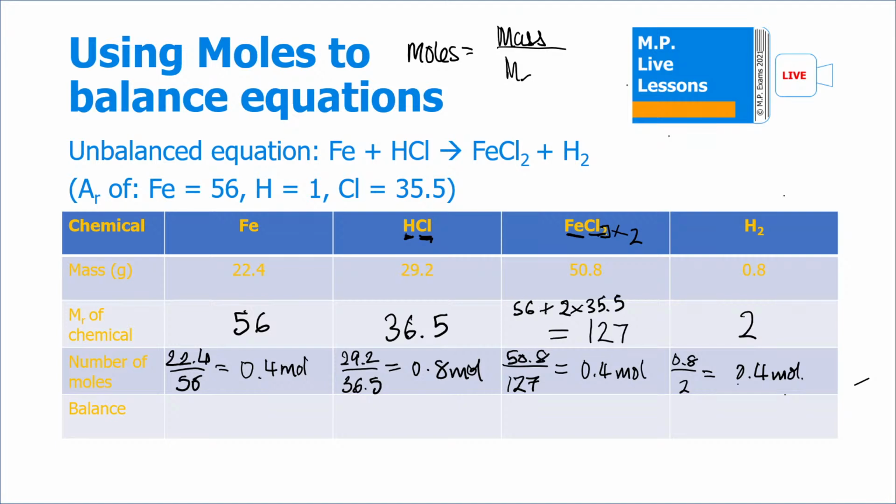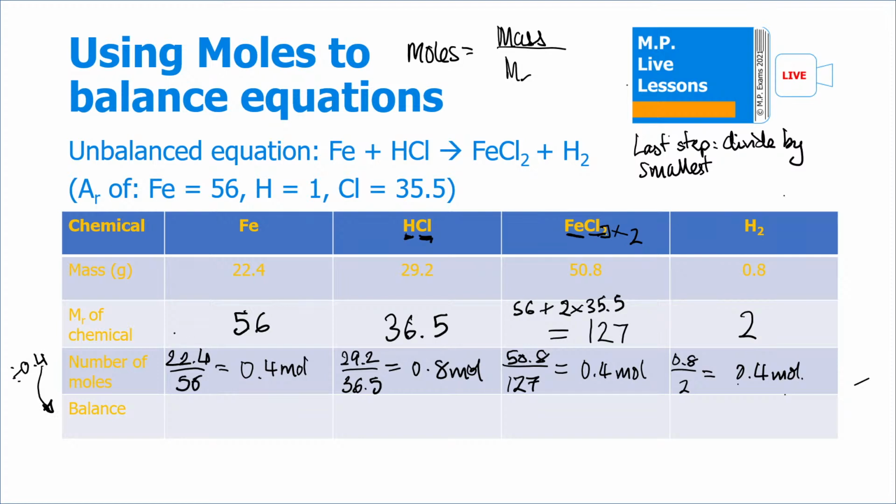Basically, we then need to multiply all of these to get whole numbers. What we can do is divide by the smallest, so the last step. So if we divide everything by 0.4, we get this.